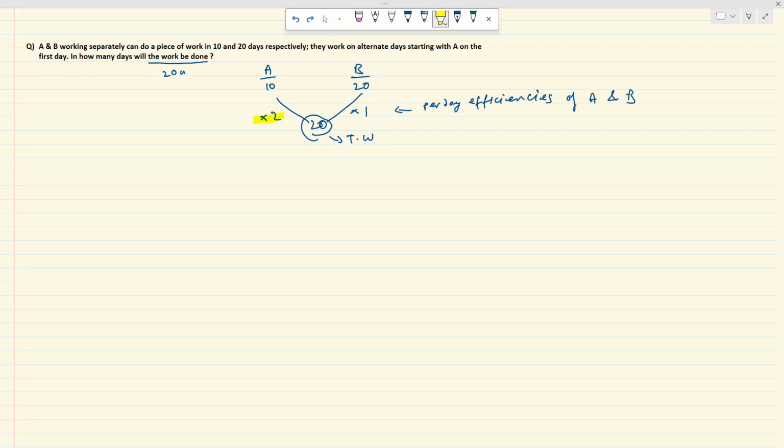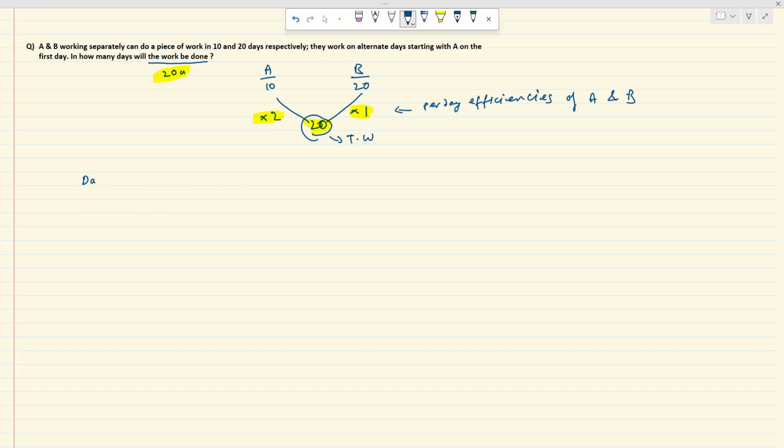A in one day does 2 units of work and B in one day does 1 unit of work, and they work alternately: A on the first day, B on the second day, A on the third day, B on the fourth day. Like that they carry on working until all 20 units of work, my total work, are completed.